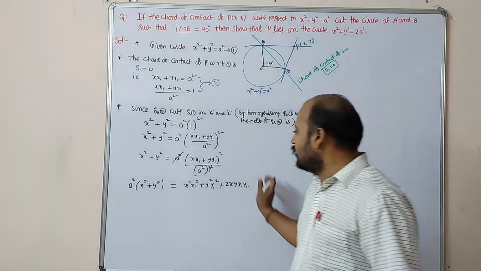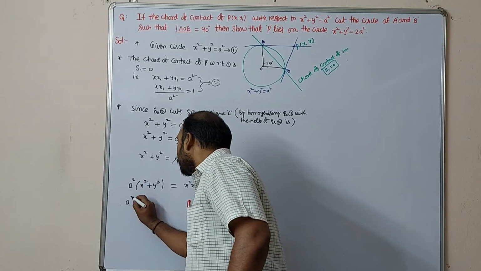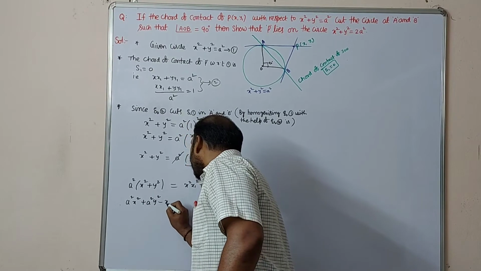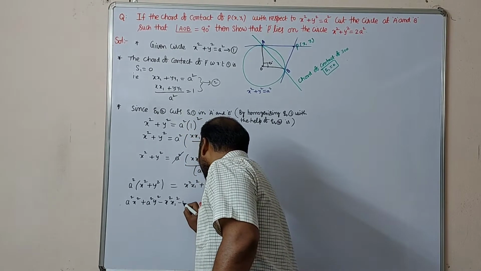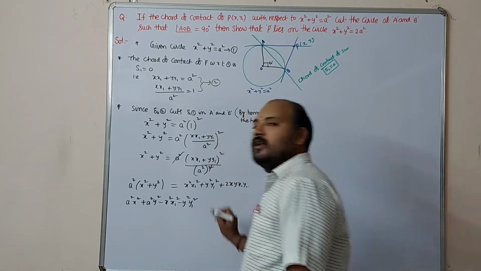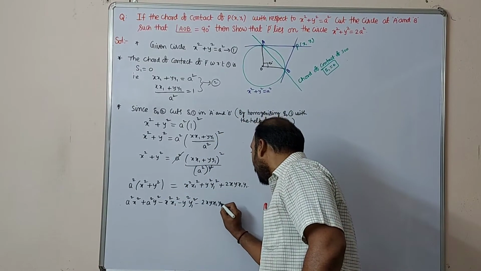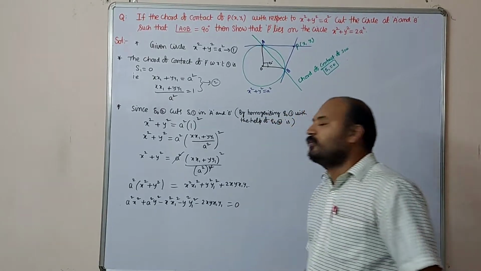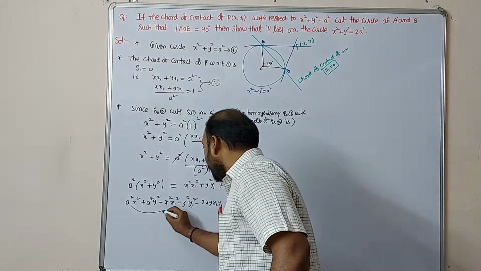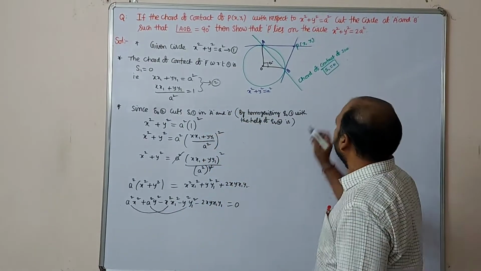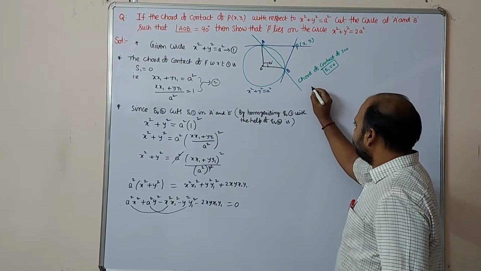So all these values we can take here: a square x square plus a square y square minus x square x1 square minus y square y1 square, and this value also, minus 2xy into x1 y1, is equal to 0. From these two, x square, and from these two, y square, we take out common.